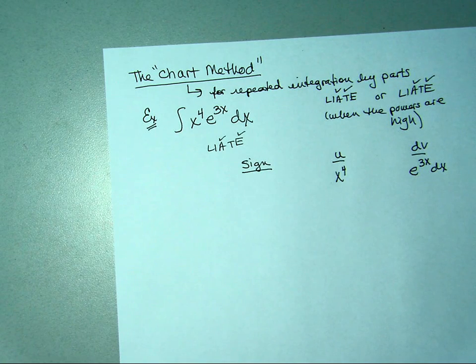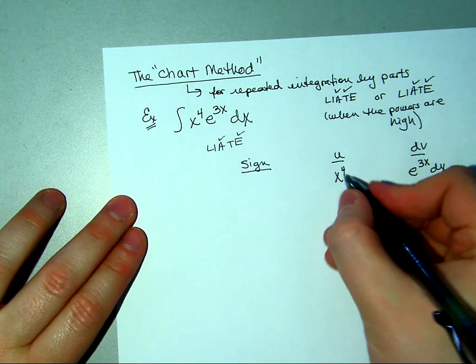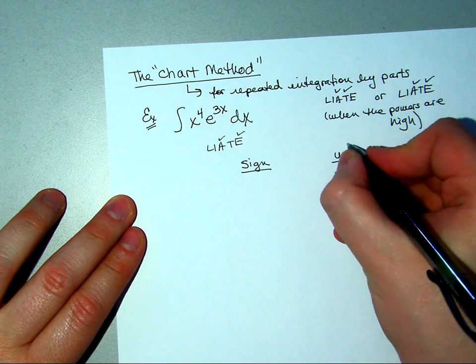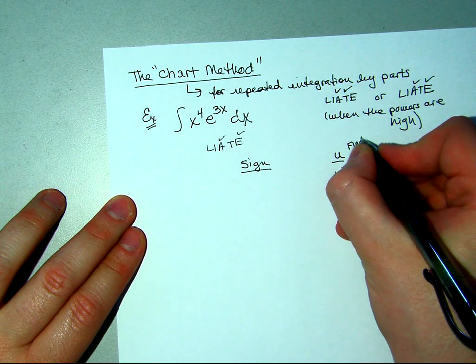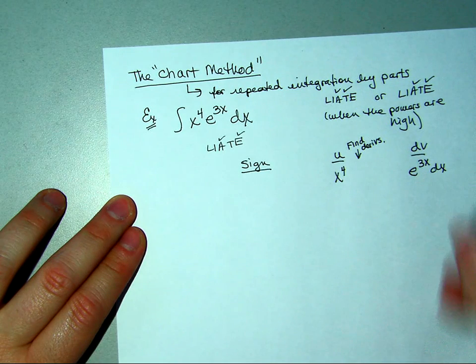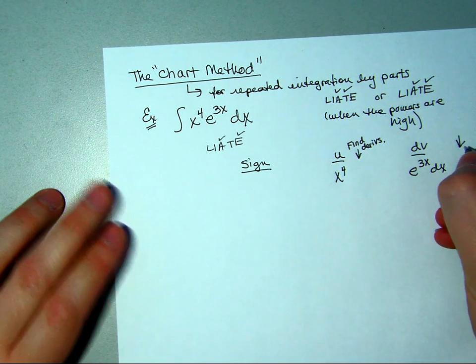What I am going to do is I am going to go down, and in each row of my u column, I am going to find derivatives. As we go down with our u's, we are going to find derivatives. As I go down in my dv column, I am going to find antiderivatives.